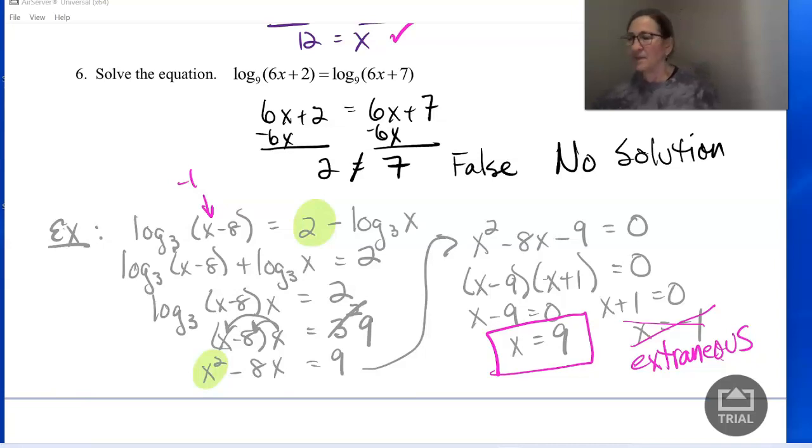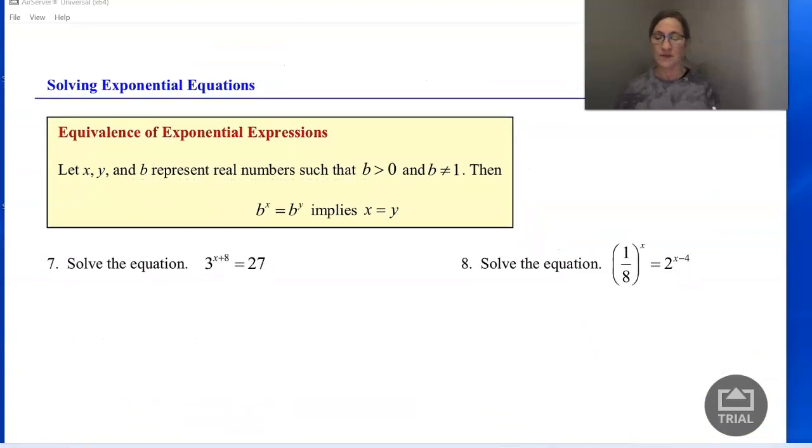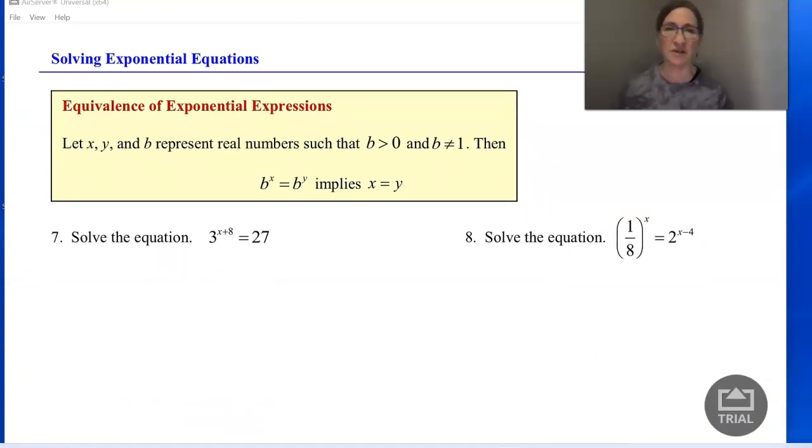All right, let's continue on. But now what we're going to do is solve exponential equations. So just like we ended with talking about equivalency for logarithmic equations, we're going to look at the equivalency for exponential equations.